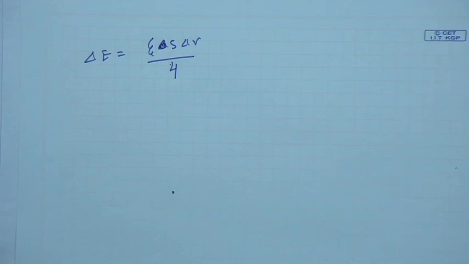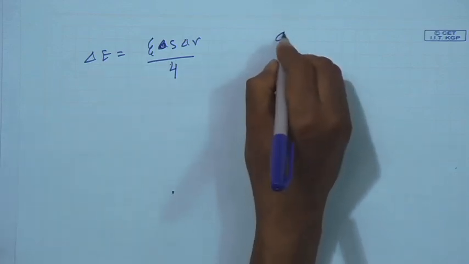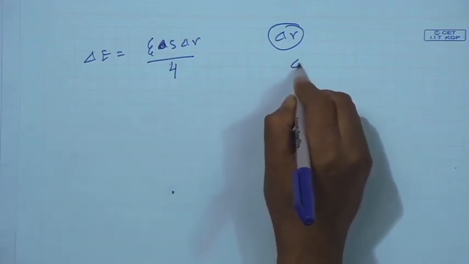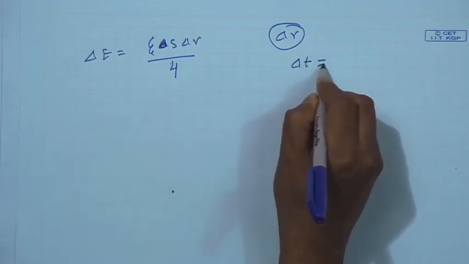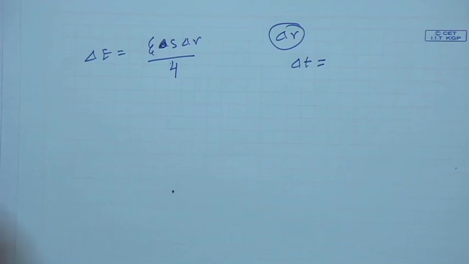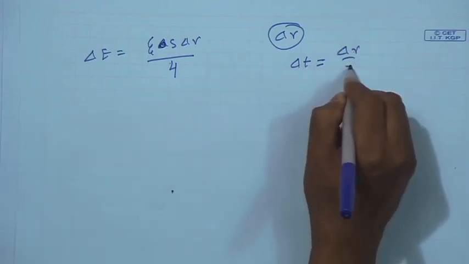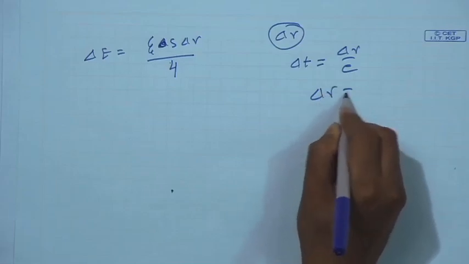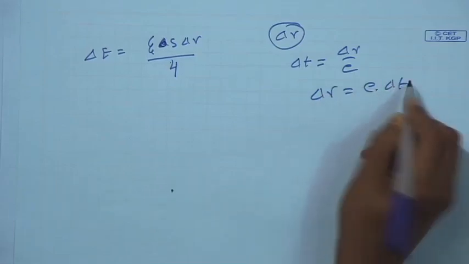Now, what is del r? Del r is the distance. So, I can know del t, the time taken to cross del r, is nothing but del r by c, where c is the velocity of sound. So, I can say del r is nothing but c into del t.